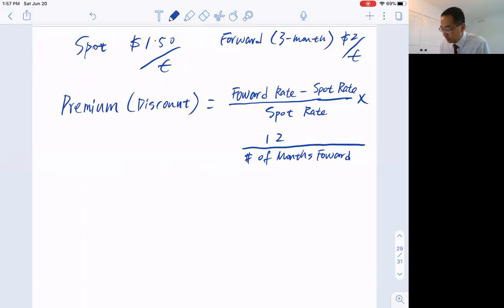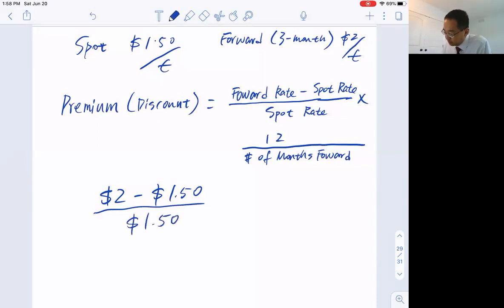Just using the numbers we have up there. So given the spot rate to be $1.50 per euro, and in the 3-month forward market is $2 per euro, then we can calculate what the premium equals, right? It's the forward rate of $2 per euro minus the spot rate of $1.50 per euro, divided by $1.50 per euro of the spot rate, times 12 divided by, this is a 3-month forward contract.